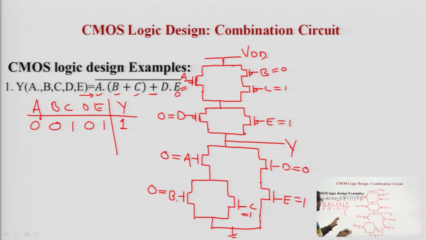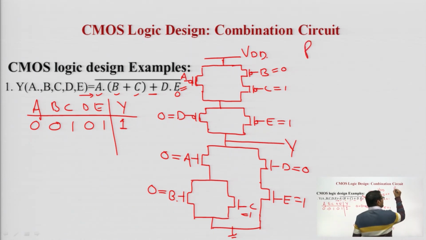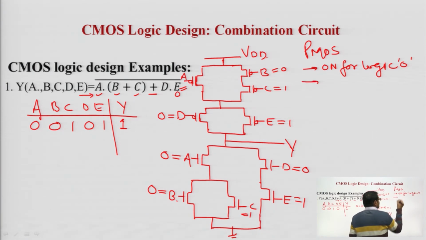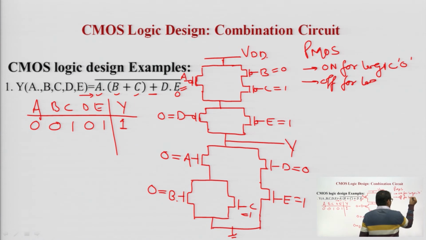We take any combination of A, B, C, D, E and finally prove our output is 1 or 0 according to the combination we took. So if we put all the values, we know that PMOS is on for logic 0, as in the transfer characteristics concept, and off for logic 1.